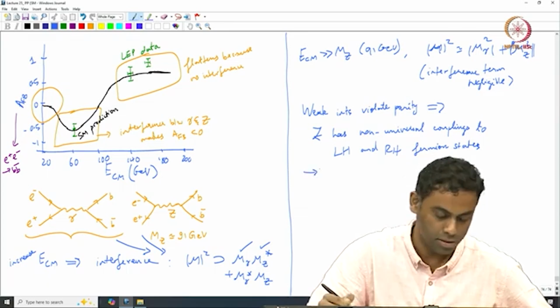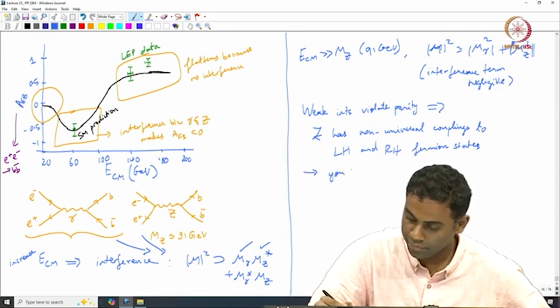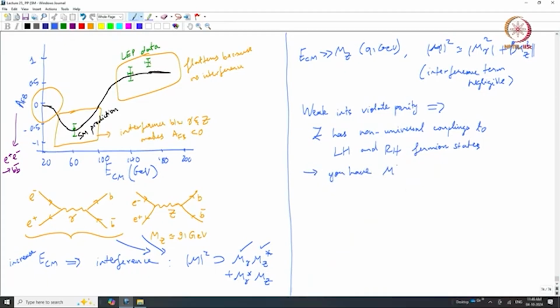Because this means you have m square terms that go like this. I have a coupling of the Z boson to the left handed electron and another coupling to the right handed electron, okay, and in the final state similarly, in this case it's a B, right?